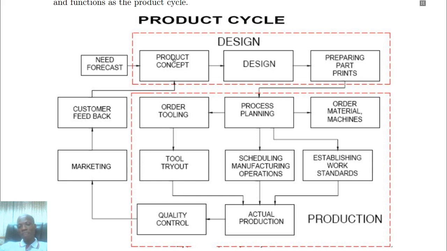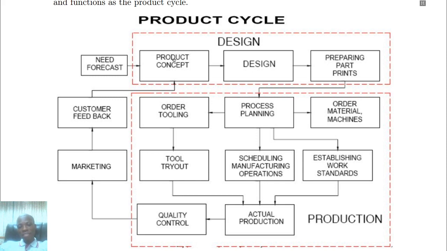So what you will have to do for people to appreciate is to design the product. Designing of the product here includes the drawing of the product, drawing of the concept that you have. So you put it in a pictorial form where people will look at it and understand that, oh, this is what you meant or this is what you want to do. All right, so you will have to do that.